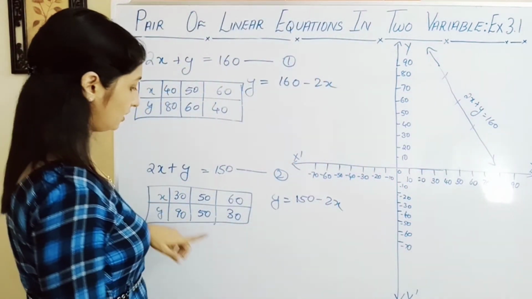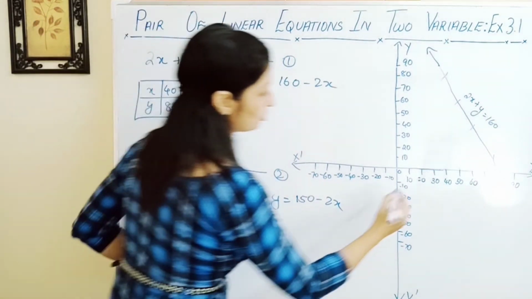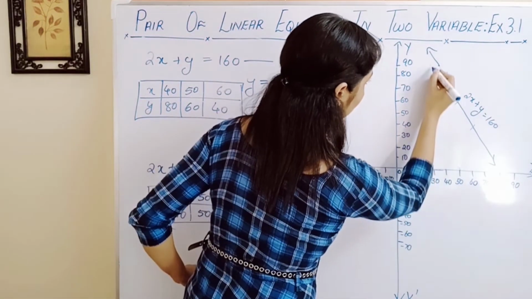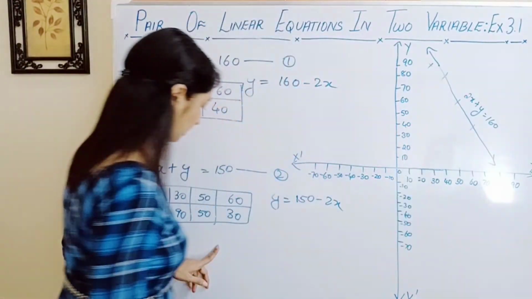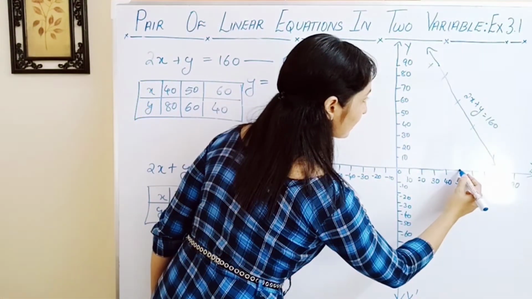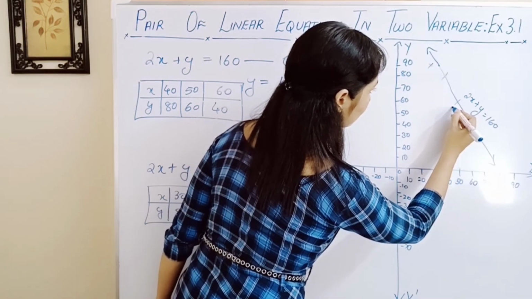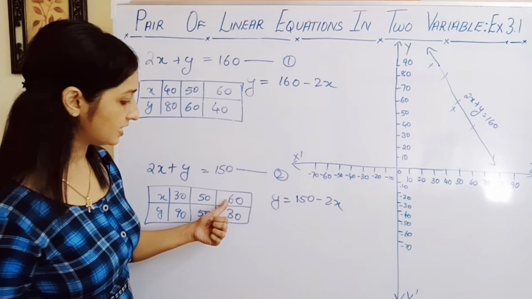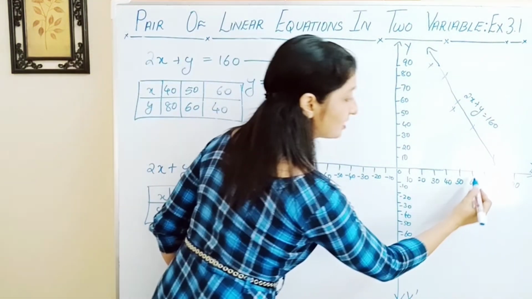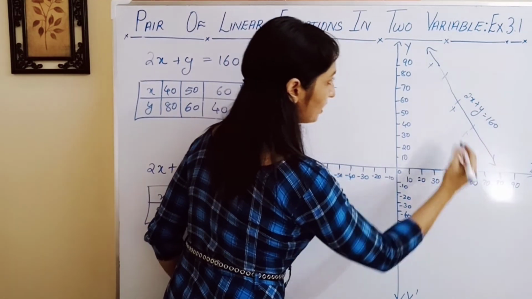Now let us plot the next line. So that is 30, 90. So 30 and 90. The point comes here. 50 and 50. So 50 on x-axis and 50 on y-axis. So the point comes here. Now 60, 30. So 60 on x-axis and 30 on y-axis. The point comes here.